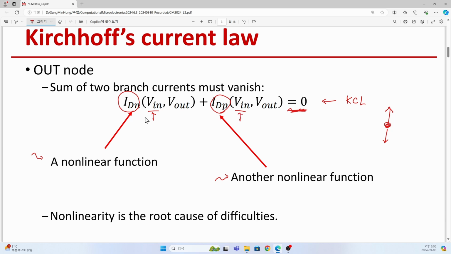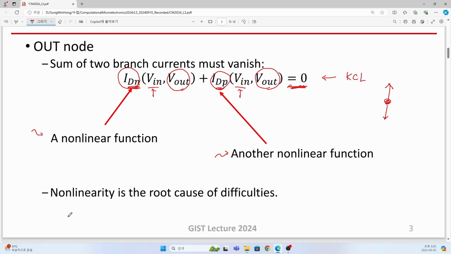However, even in that case, our N MOSFET drain current is a nonlinear function of voltage, and a P MOSFET drain current is also a nonlinear function of output voltage. As written here, the nonlinearity is the root cause of our difficulties. Is it really the case?